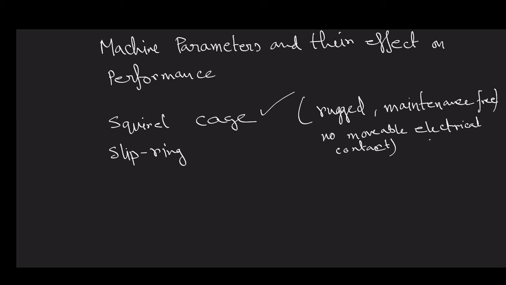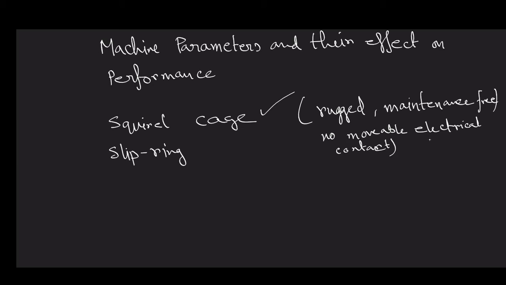will appear at a higher slip range, so we can have a wide range of speed variation. But that wide range of speed variation can be achieved only by paying the cost of additional rotor heating.